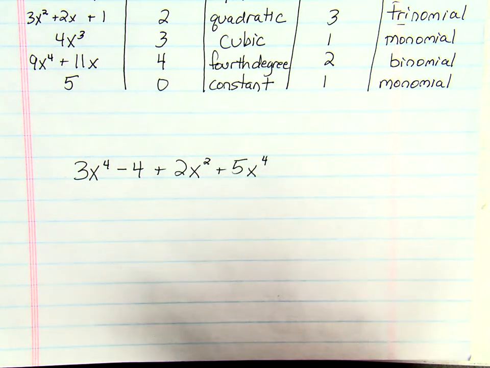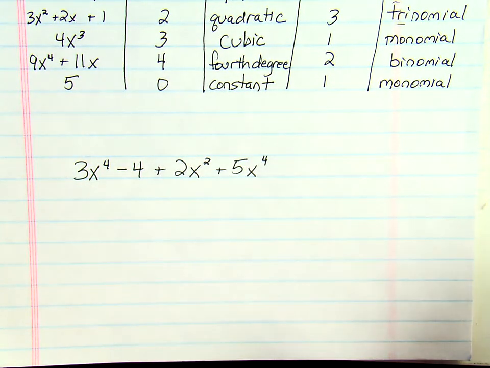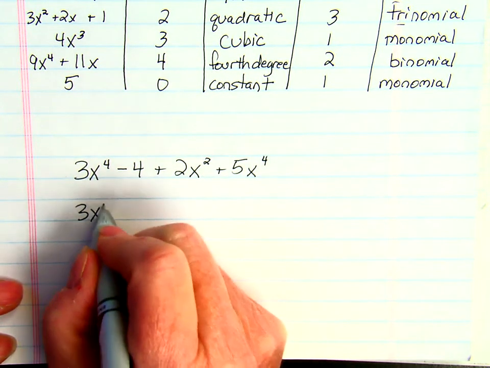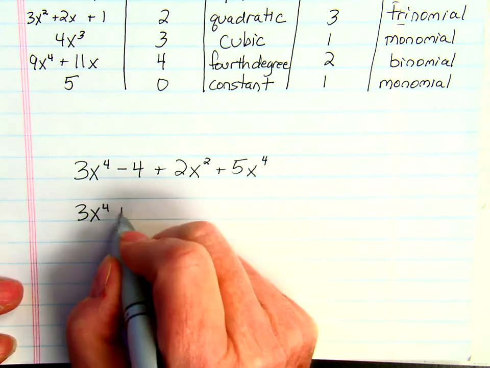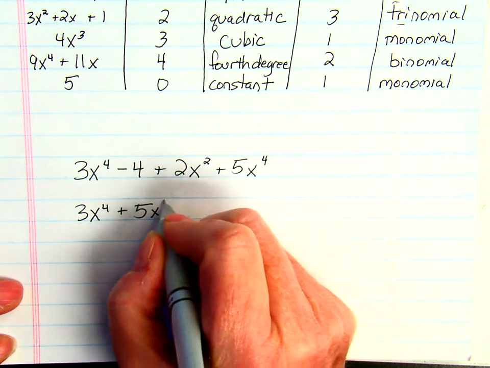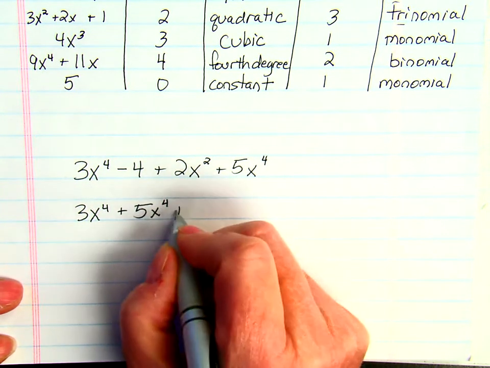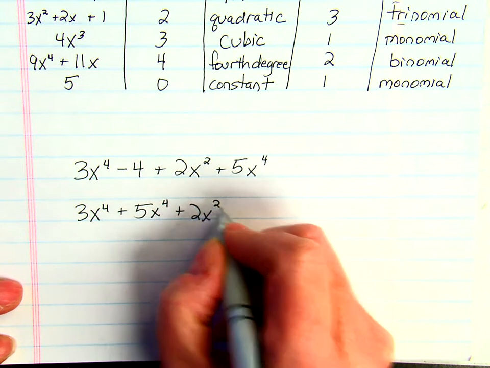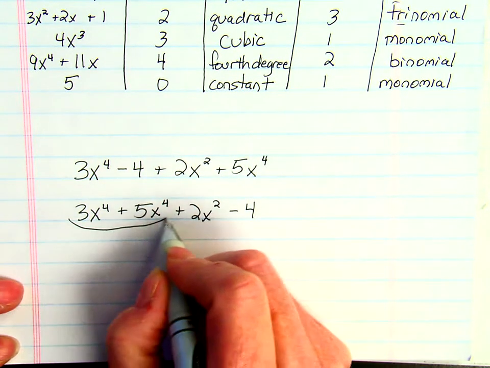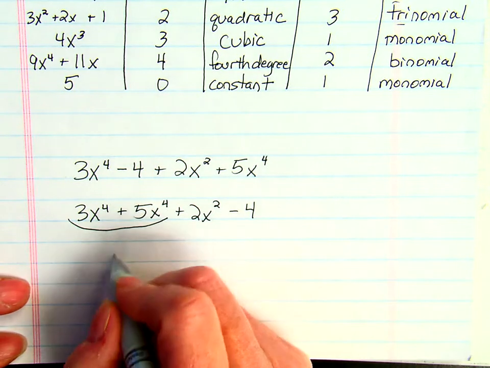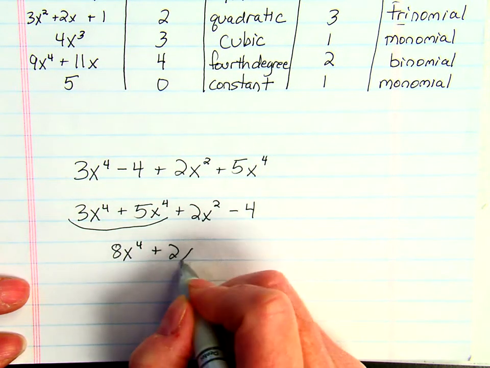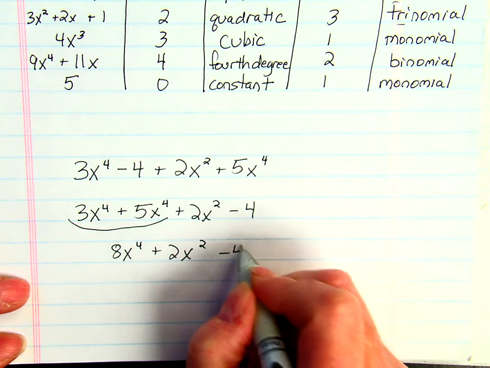So the first thing I'm going to do is put it into order. I'm actually going to say 3x to the 4th plus 5x to the 4th plus 2x squared minus 4. I'm going to combine these like terms, so I'm actually going to have 8x to the 4th plus 2x squared minus 4.